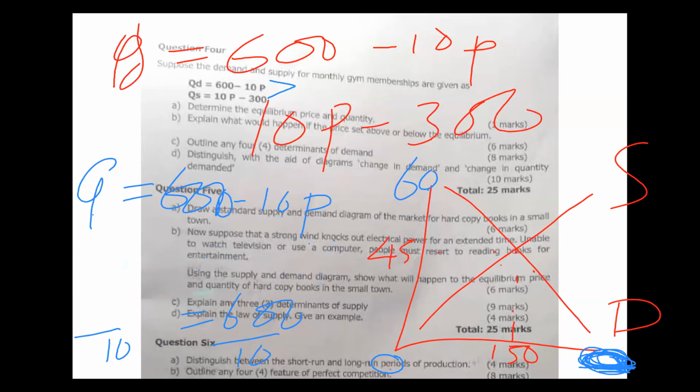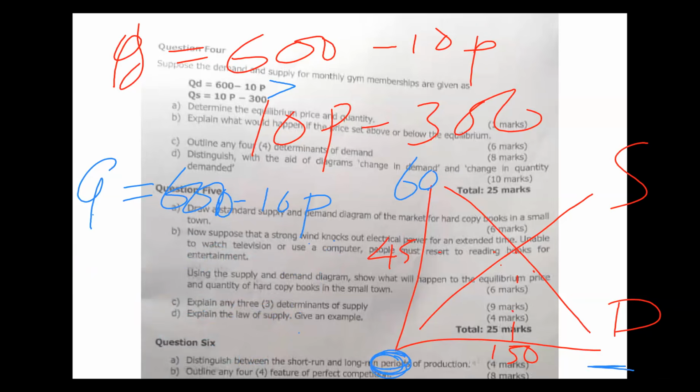Now that P is equal to 60, what about quantity? We also need the one on the quantity side. Since you are looking for the quantity, you are assuming that the price is 0, so you set price equal to 0.